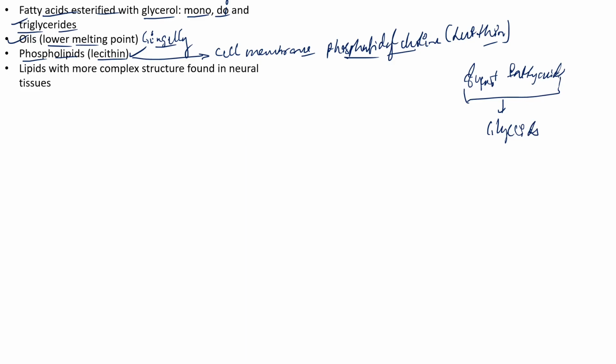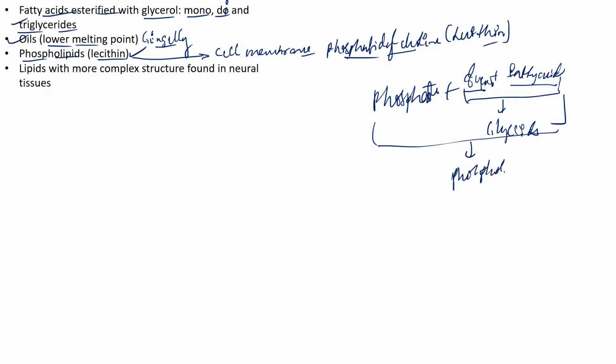If it is made up of 2 fatty acid chains, it is called a diglyceride, right? So along with the glycerides, that is fatty acid plus glycerol, if I attach a phosphate molecule, the ultimate result is the phospholipids.